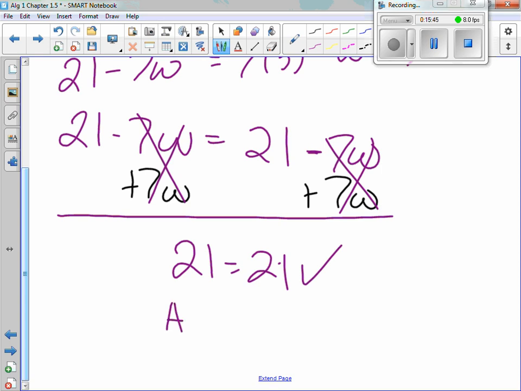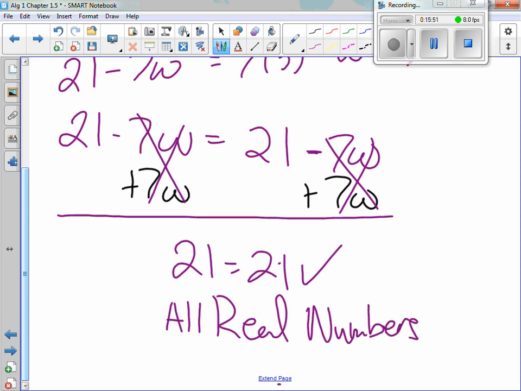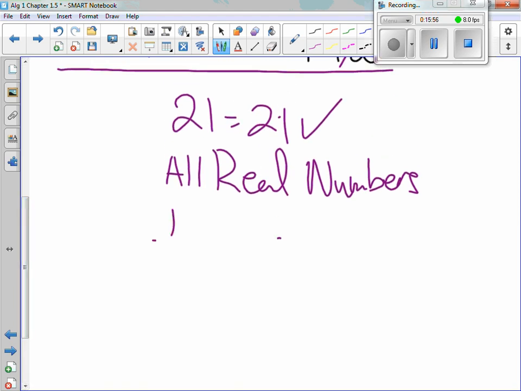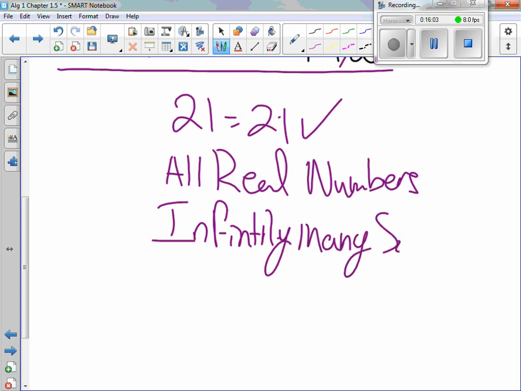So we can say all real numbers or infinitely many solutions. Because there's an infinite amount of numbers that we can plug in. So we can call it all real numbers or infinitely many solutions. It just depends on how they want to phrase it.